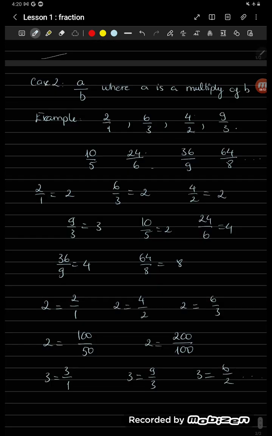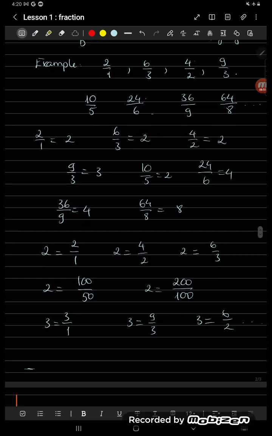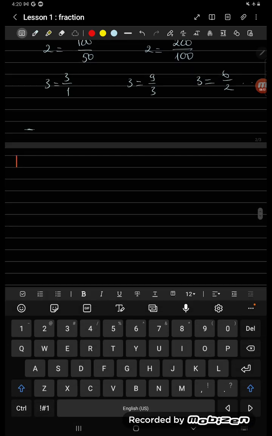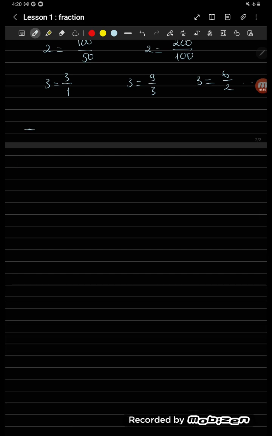So from case 1 and case 2 of fraction, we can conclude that whole numbers can always be written as fractions in different ways. Case 1 is a special case, where the denominator and the numerator are equal to each other, and it is always equal to 1.